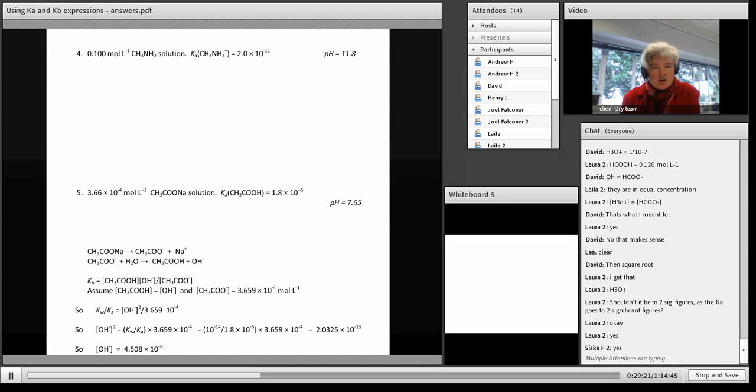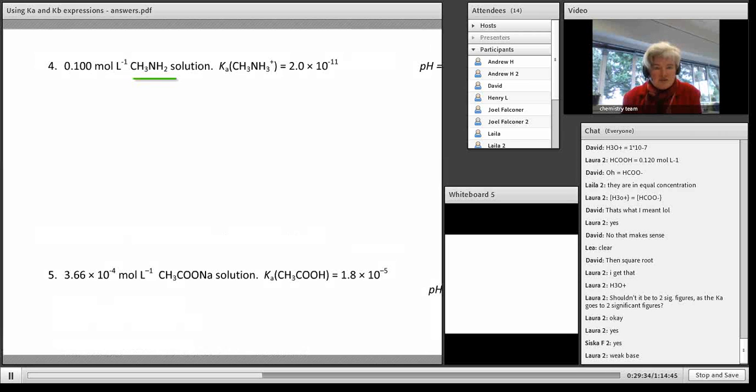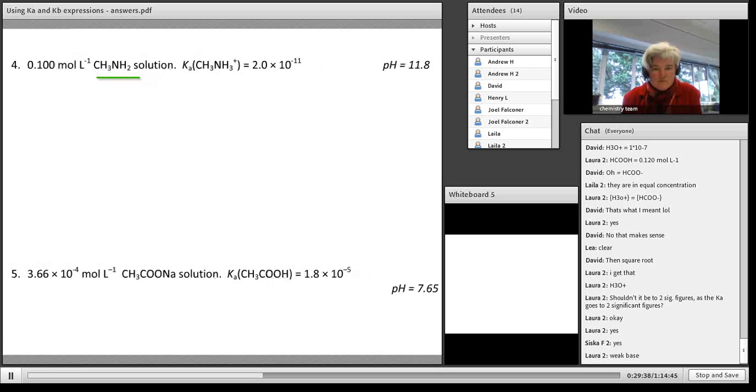So I've got now methylamine. So is that a strong acid, a strong base, a weak acid, a weak base? I'm going to actually make this a bit bigger. Sorry, you must probably be straining to see this. It's a weak base.